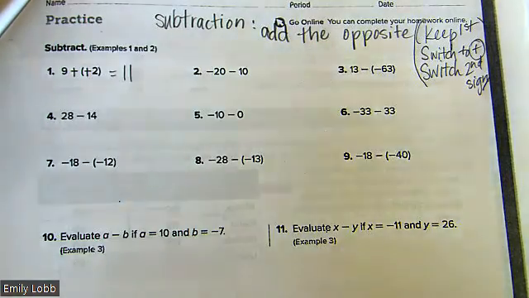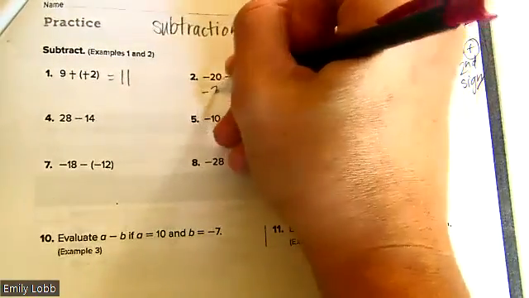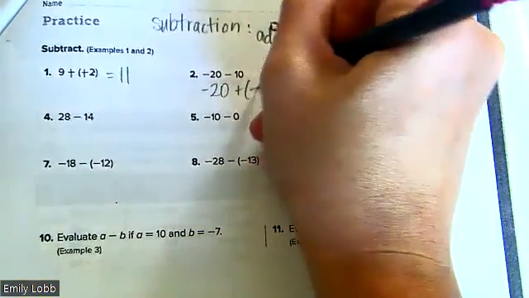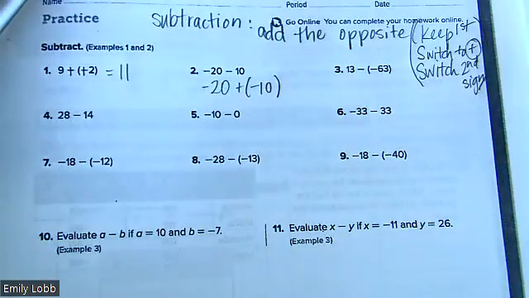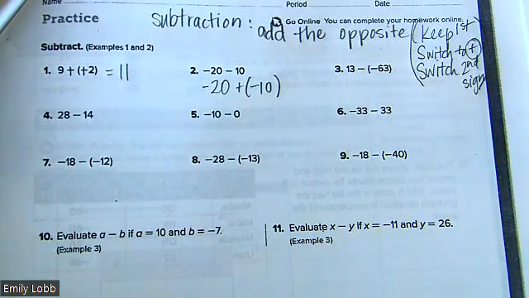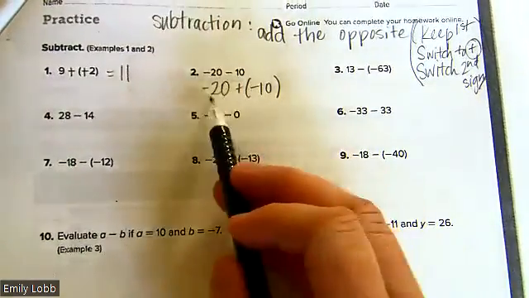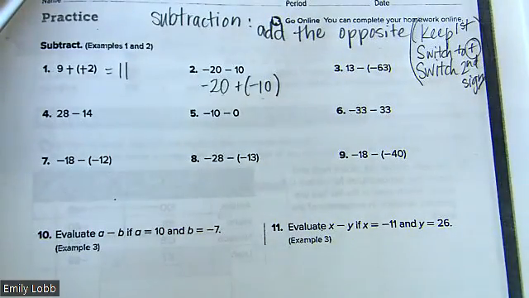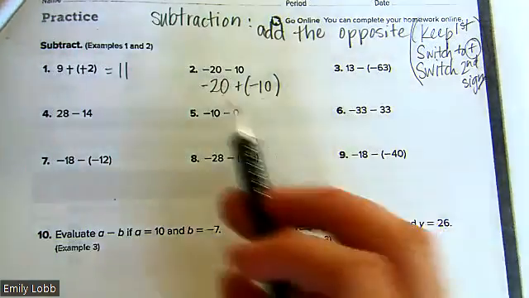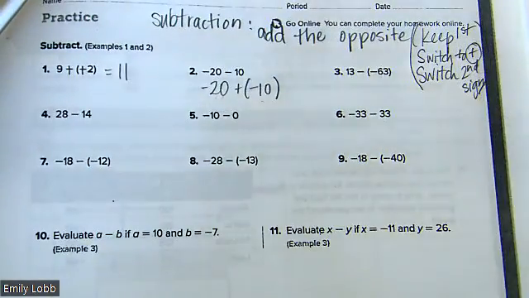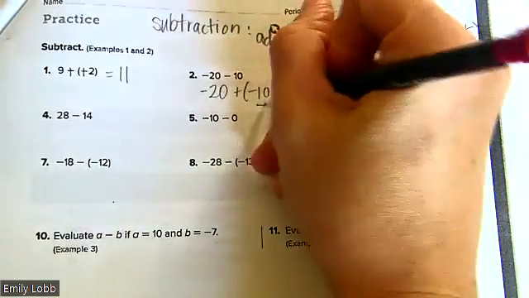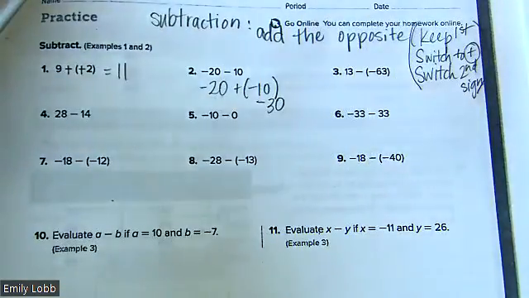Think of these as your signs being the same. Think of this as -20 plus a -10. Careful, your signs are the same. It's not negative. Your signs are the same, so you're finding the sum, right? So -30. It's okay, it takes a second to really see.